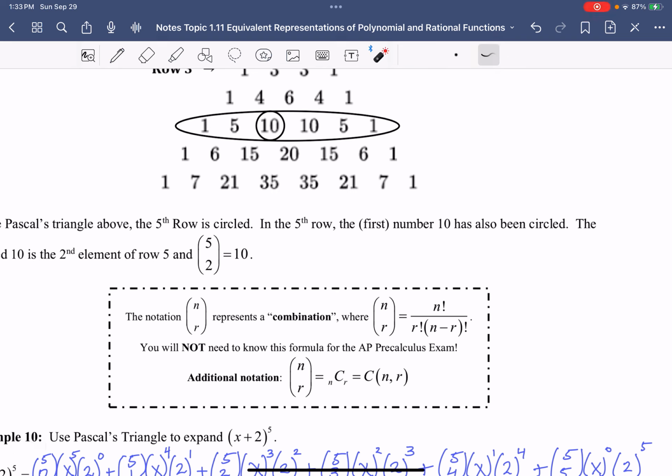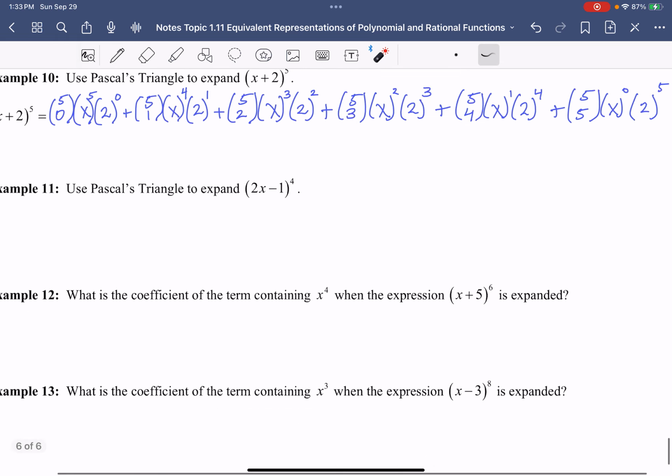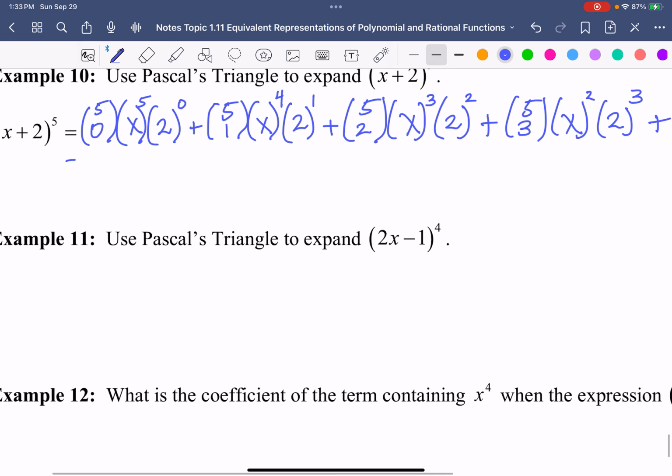When I ask you for 5 choose 0, you're looking at the 5th row at the 0th element, which is 1. So 5 choose 0 is 1. You cannot simplify x to the power of 5, so I'm just going to put x to the power of 5. And remember that anything to the power of 0 is always 1.